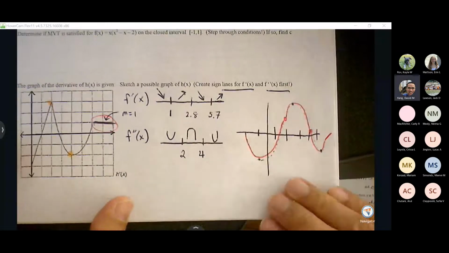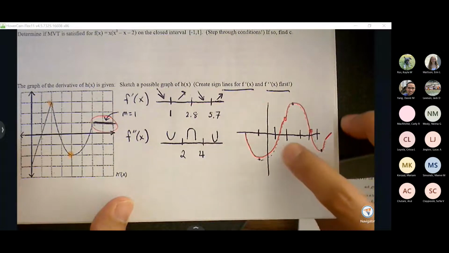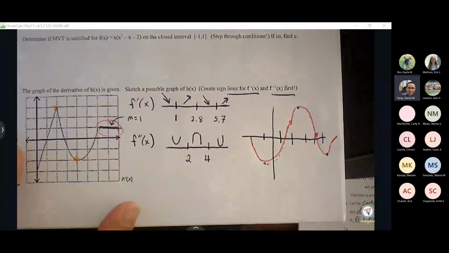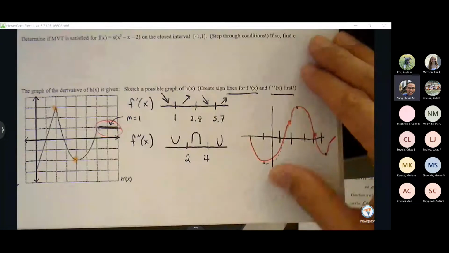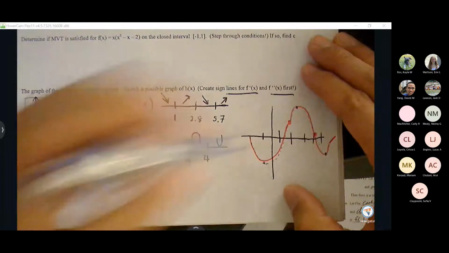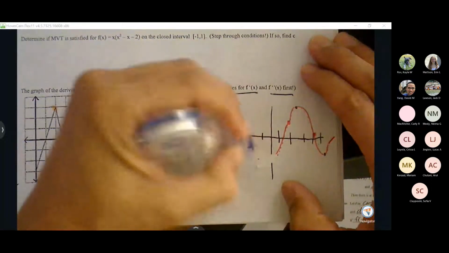Say it again. Why should I put that point under negative? Oh, let's see. Positive 1. Yeah, sorry about that. Positive 1. Graph's a little bit off.